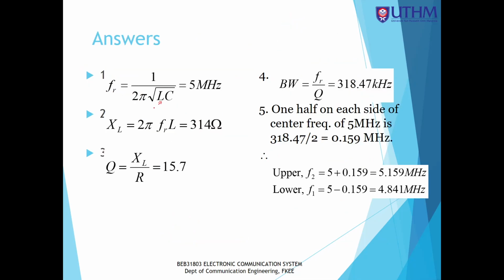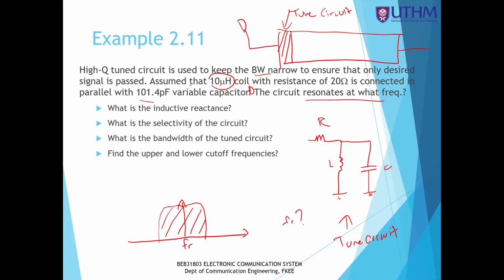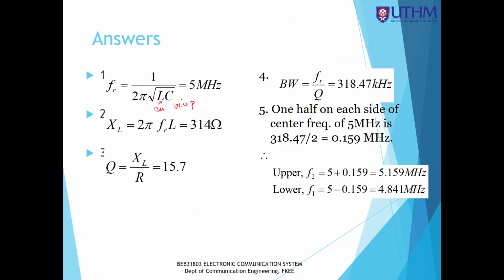If you put 10 micro and 101.4 pico inside here, you will get some 4 point something, if I'm not mistaken. The answer here has been rounded up to 5 megahertz for simplicity. So actually you get around 4 point something, and then it has been rounded up to 5 megahertz.